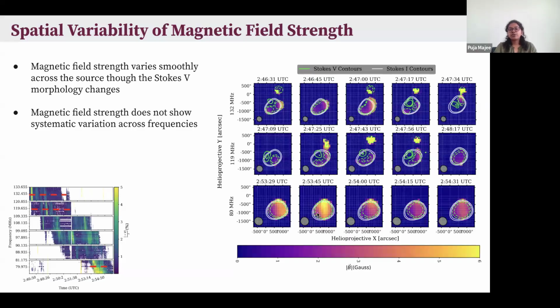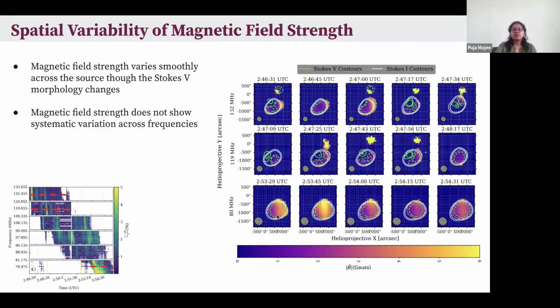And the color is showing you the magnetic field strength. If you look at each panel, you will find that the magnetic field is varying across the extent of the type 2 burst. And you will also always find that the type 1 noise storm has a higher magnetic field strength as compared to the type 2, which is expected because we know these are coming from coronal loops.